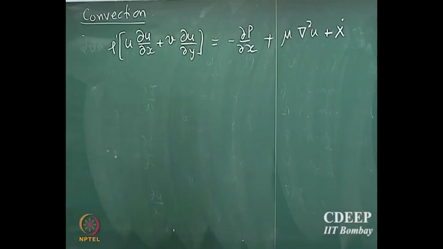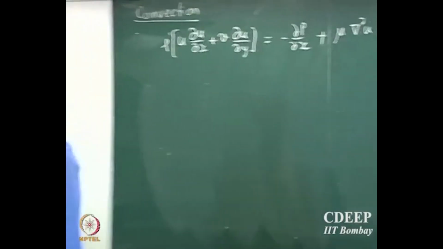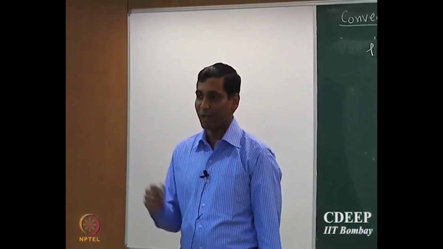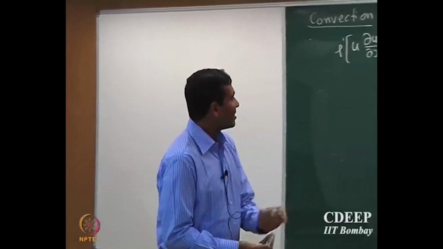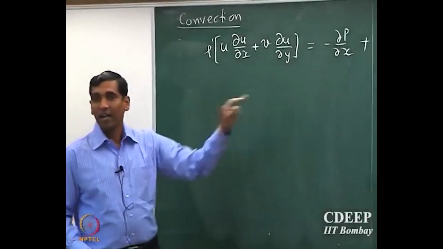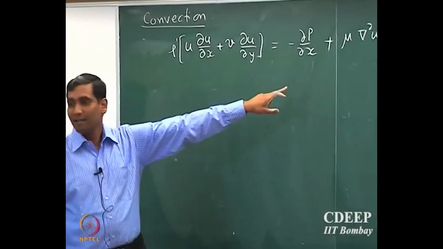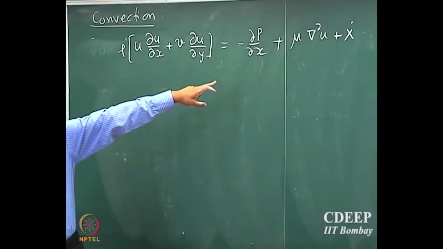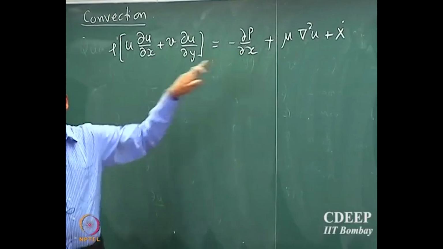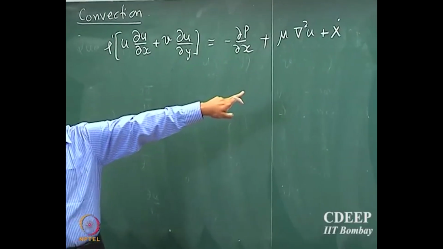A good exercise would be to go back to the Navier-Stokes equation that was derived in your transport course and stare at it, to see the different terms and how the sign forces the different terms to come in different locations in the equation. That will help you identify the sign for each of these terms.